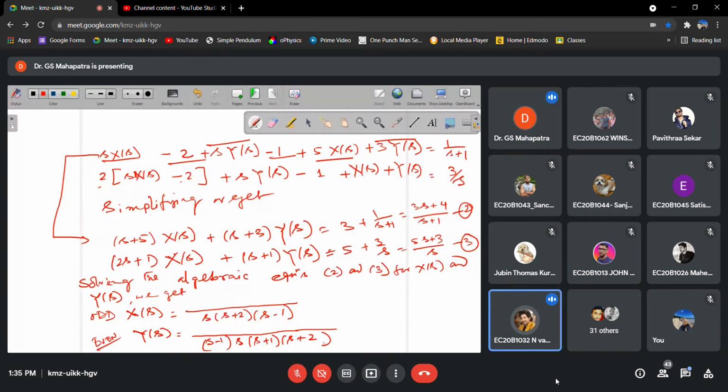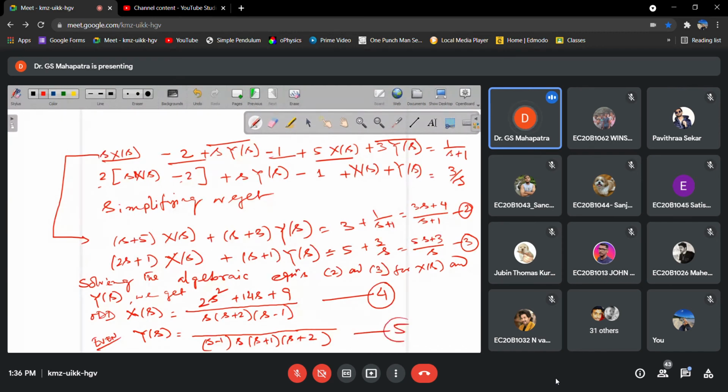Sir, x of s numerator equals 2s square plus 14s plus 9. Okay, that's okay. So now I'm waiting for the even roll number. What is the numerator? So it is 4.